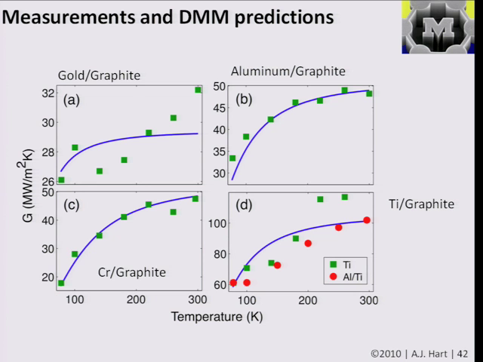And down here, the highest one is titanium on graphite. And some of the other effects that go into this are how well the metal actually wets the carbon and how well the interface mixes and so on. But this is the general idea. So if you were building a device, you might want to add a layer of titanium before you put on your other metal to make better contact with your carbon nanotube or your piece of graphite.